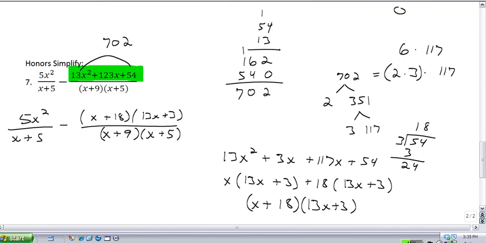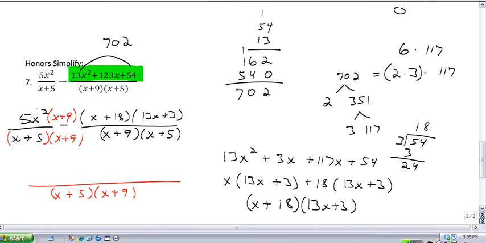Alright, so if you're going to subtract them, get a common denominator. This guy over here is missing an x plus 9. So you'll have a common denominator of x plus 5, x plus 9.